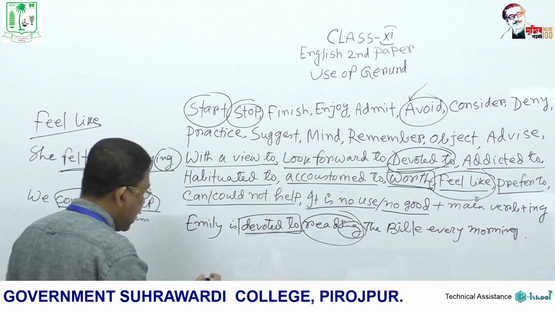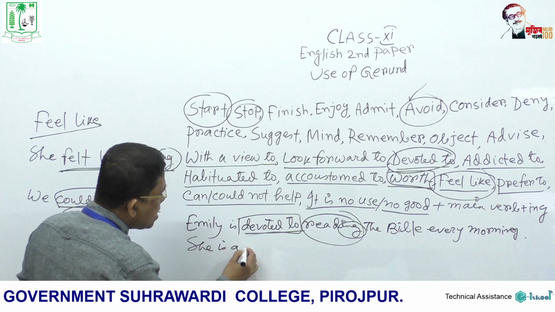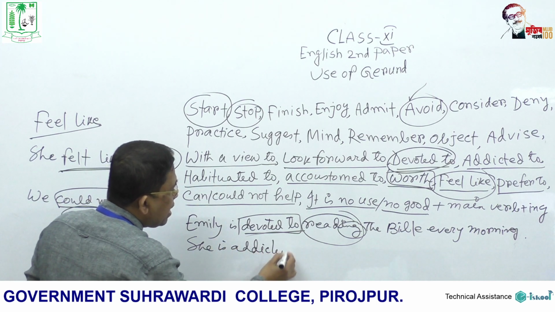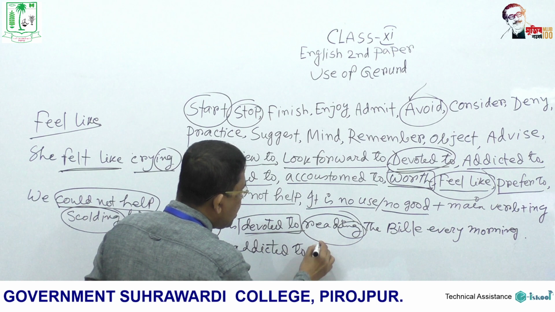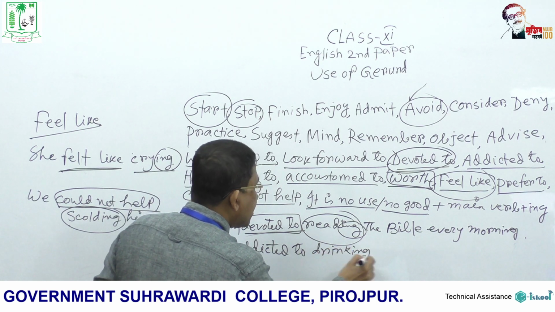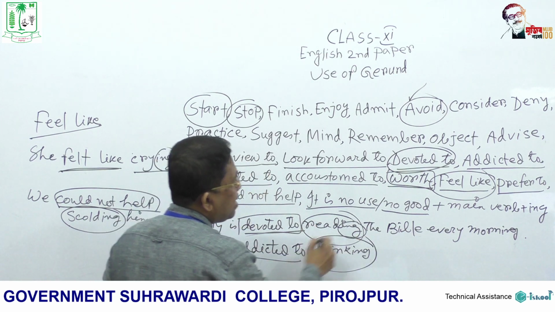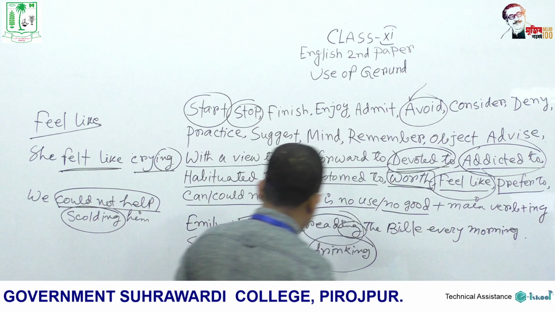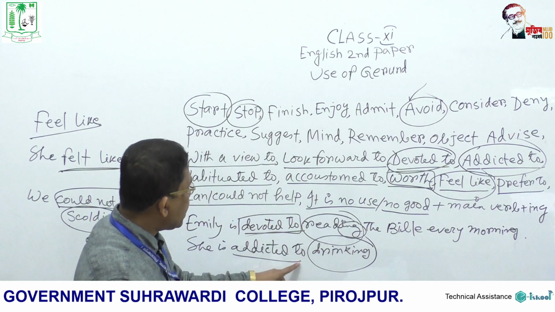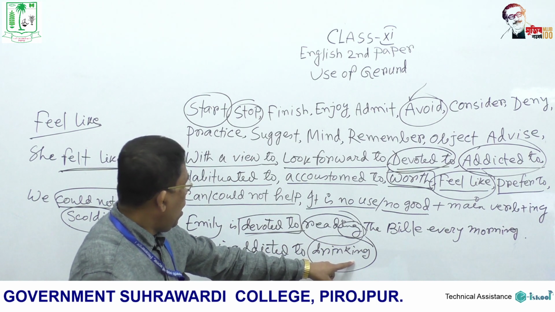Let me give another example. She is addicted to drinking. She is addicted to here drinking. This is the gerund and here is the addicted. Addicted to. After addicted to, we have to use the gerund ing.